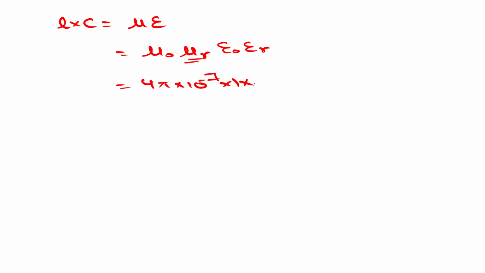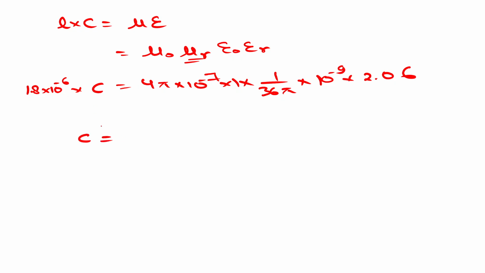Mu r is 1 into epsilon naught is 1 by 36 pi into 10 to the power minus 9, and epsilon r, the dielectric constant, is 2.06, and L is given as 1.8 into 10 to the power minus 6, 1.8 microhenry, into C.